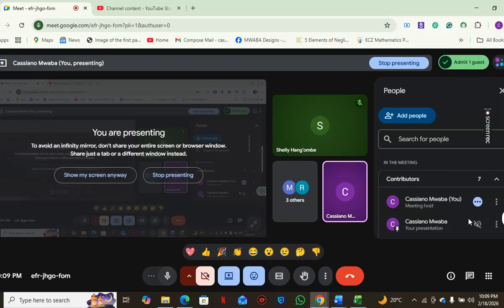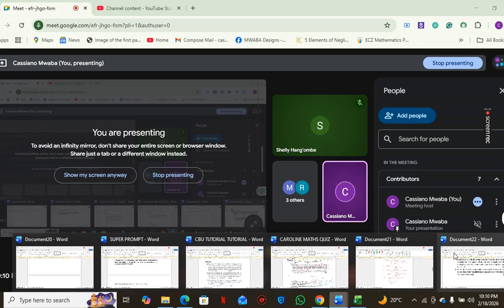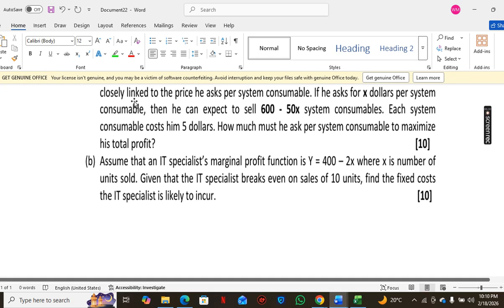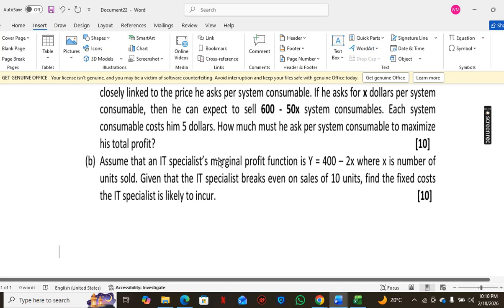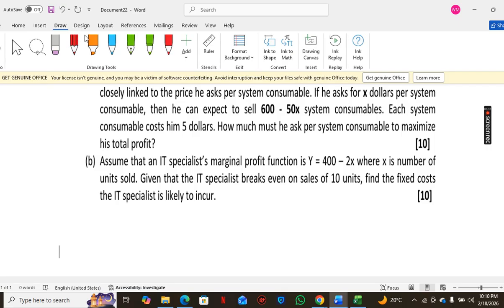Okay, so let me just give you first some context about this question. When you hear this term marginal profit, marginal just means addition.